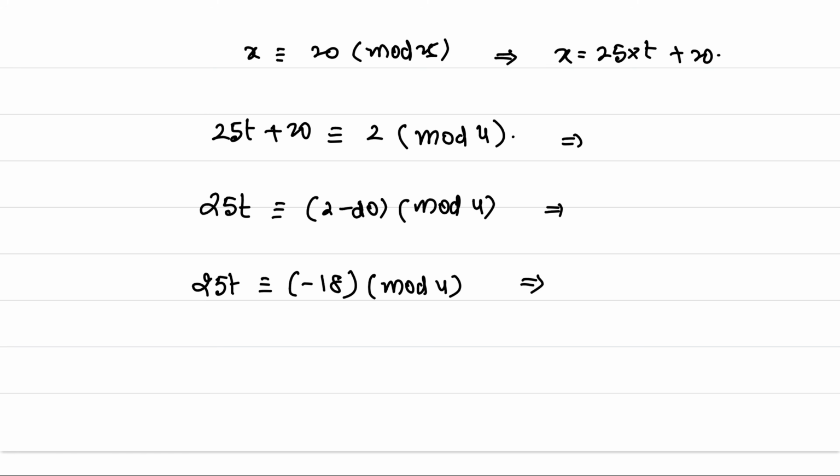That is, minus 18 plus 20, because 20 is divisible by 4, we can write it as mod 4.